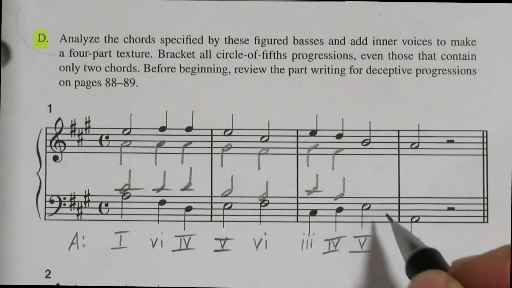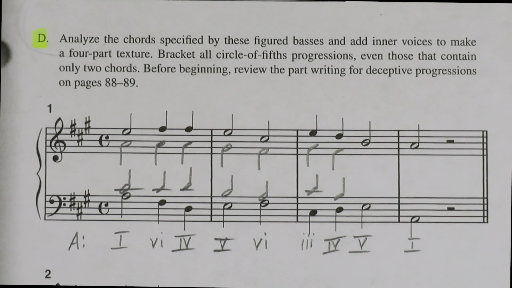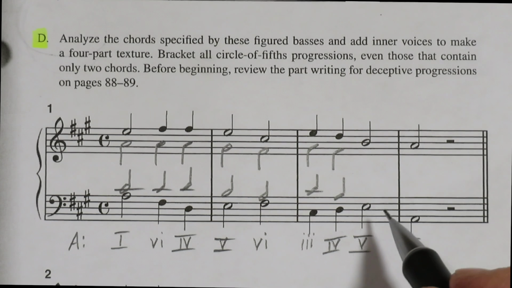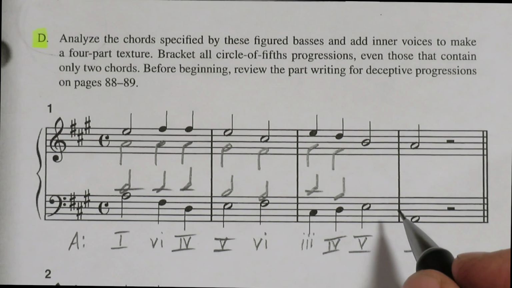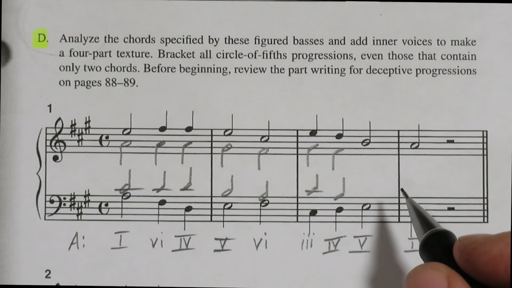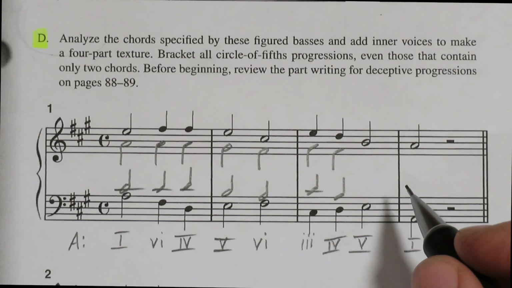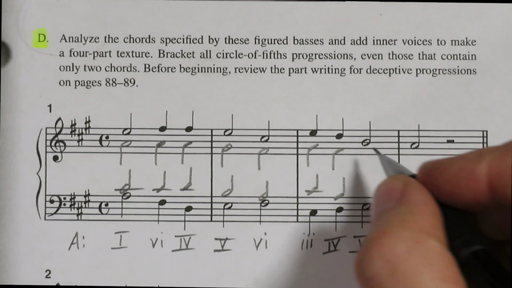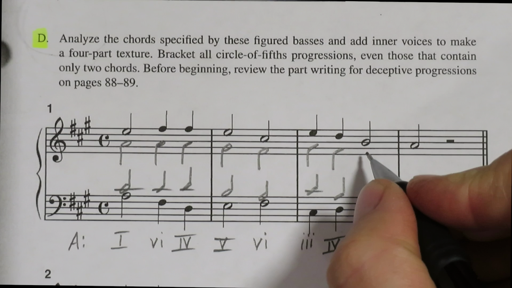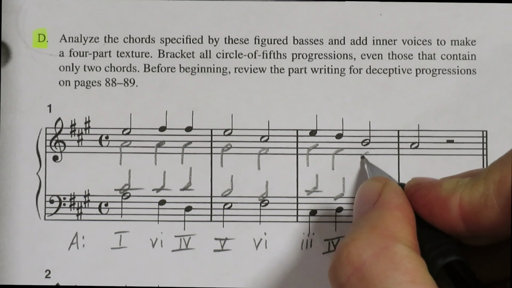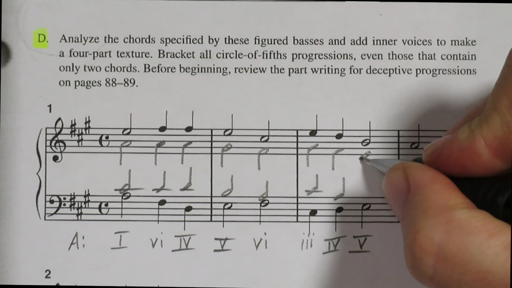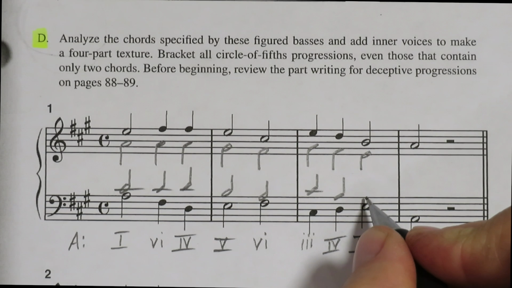Our 5 chord now. E major, so we need an E and a G sharp. Let's see. We can just keep moving down here to the E. Move in similar motion here.